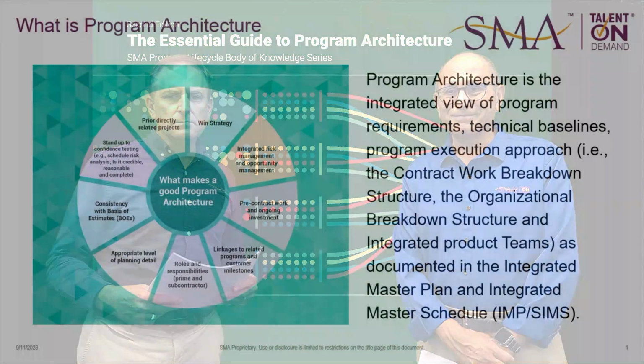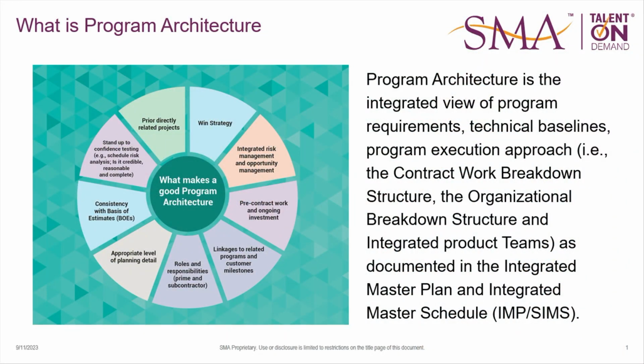Okay. All right. Jacque, let's start with actually defining what program architecture is, and then please also speak to how do you know when there's actually a good program architecture? Yeah.